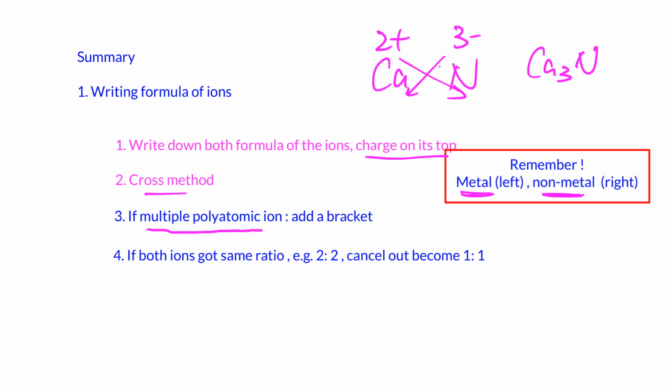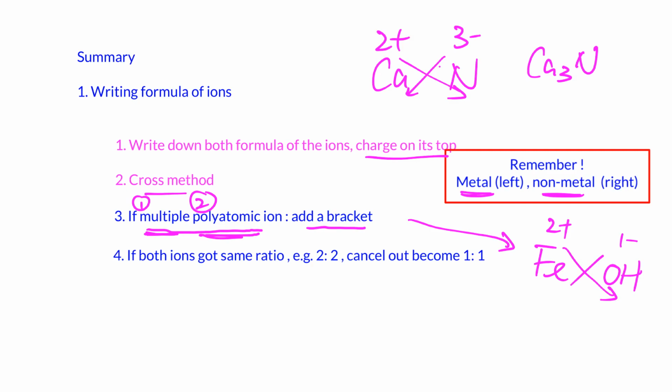Remember, if you have a polyatomic ion, you have to add a bracket. For multiple polyatomic ions, for example Fe2 plus and OH 1 minus, when you cross over, you have more than 1 OH, so you have to put brackets, (OH)2 for this.